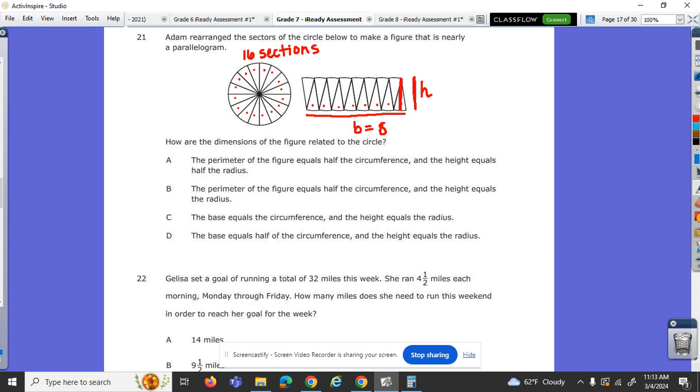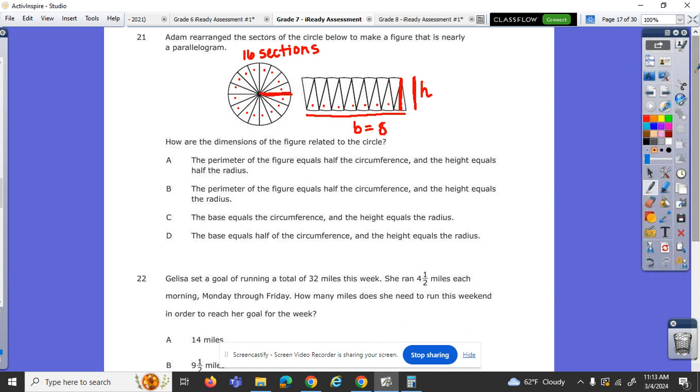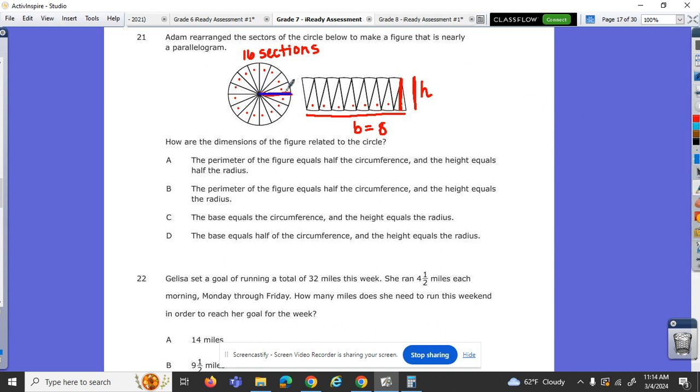Look at how this line right here, if I put it in this line, do you see how it's relating to the circle? Remember that word? It's the same as the radius of the circle. So the radius of the circle is like the height of our parallelogram. So when you look at your choices, a little bit wordy here, let's read through them and see which one fits our right answer.